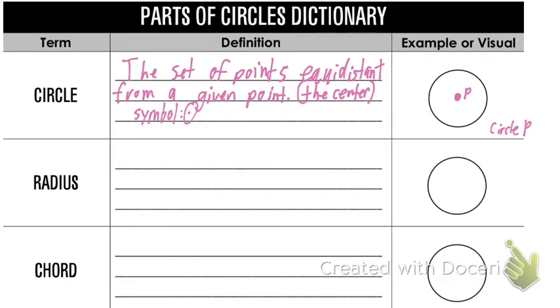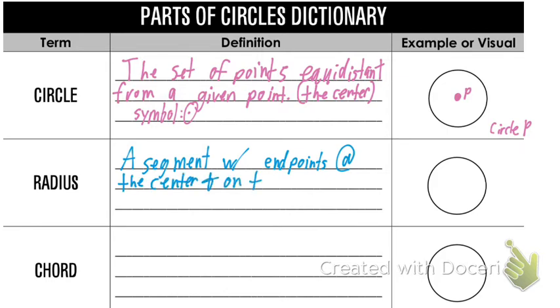Correct. Radius we're going to define as a segment with endpoints at the center and on the circle.